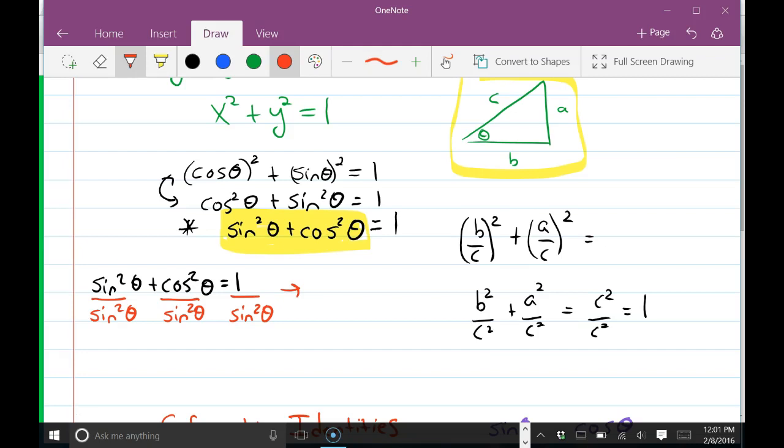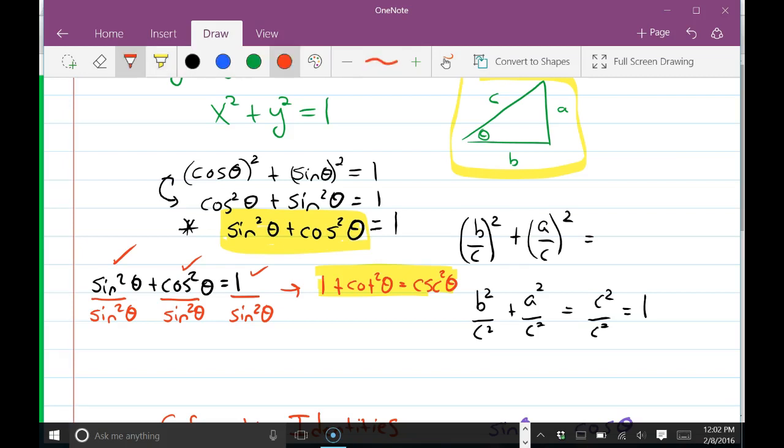Sine squared over sine squared is 1. We know that cosine over sine of an angle is cotangent. So the second term is going to be cotangent squared. And the reciprocal of sine is cosecant. So 1 over sine squared is cosecant squared. So this right here is our second Pythagorean identity.